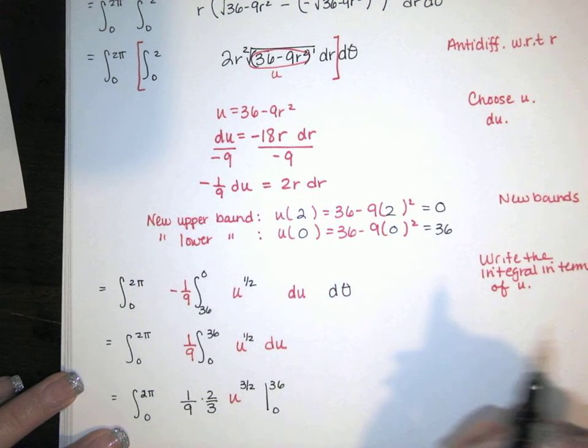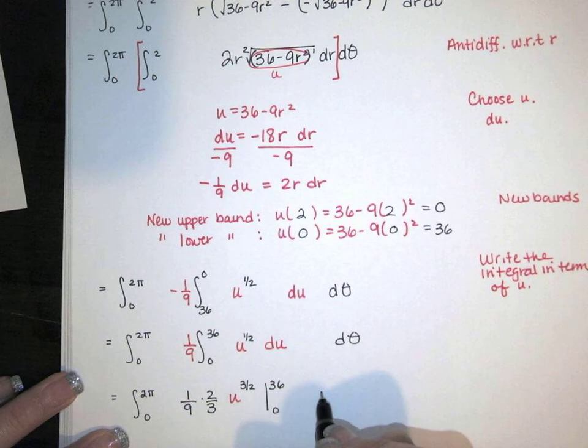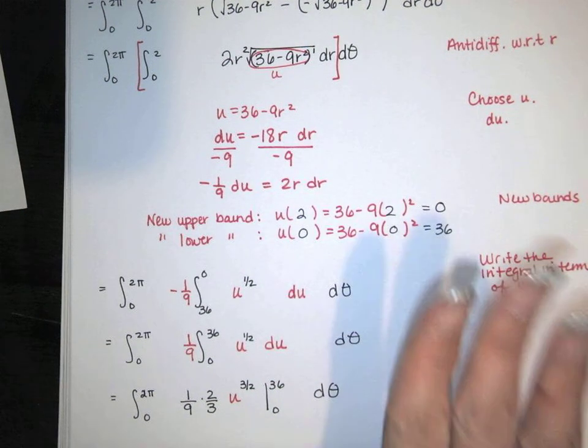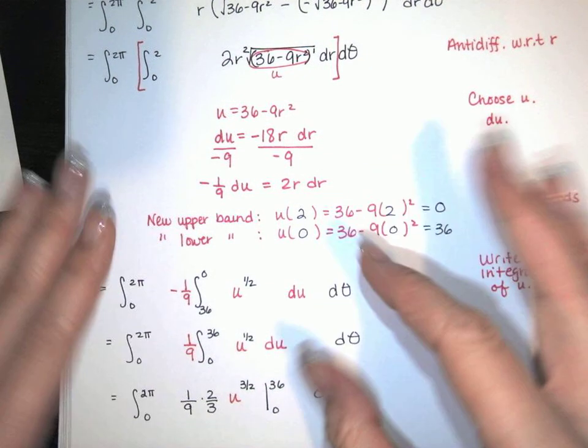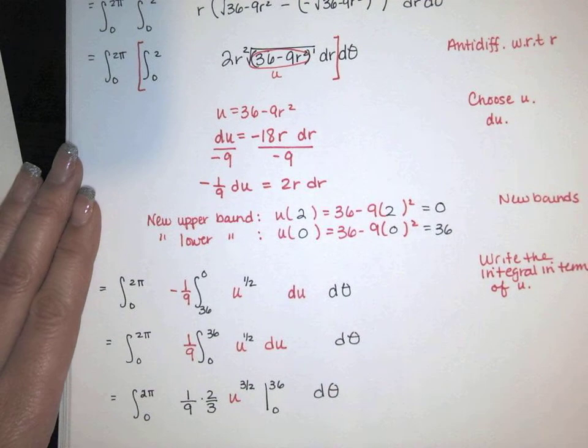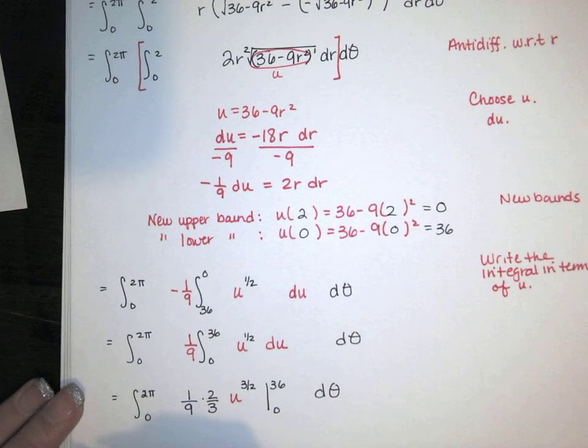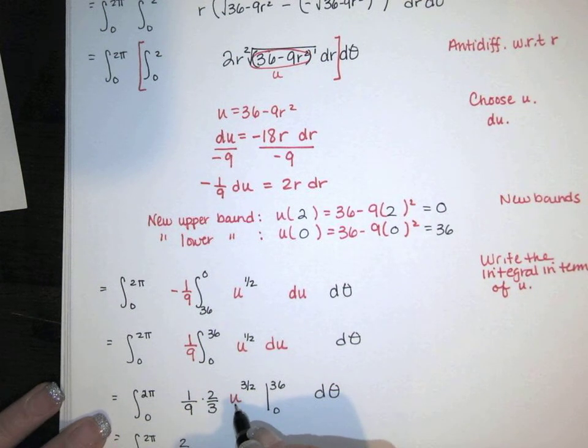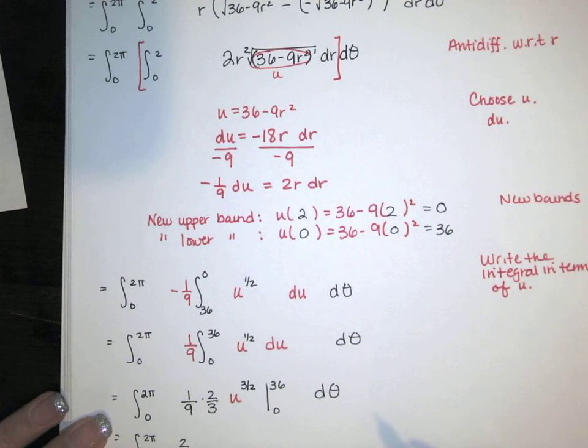That d theta goes with that integral over here. Pretty much ignoring it, right? I'm just focused on that, but you need to bring that along in order for all of these to be equal. Okay, so we end up with 2 over 27 times 36 to the 3/2.